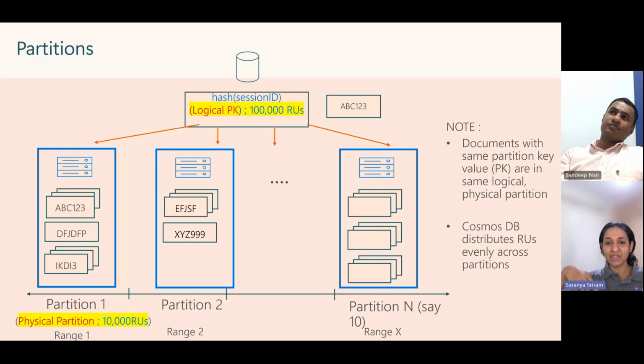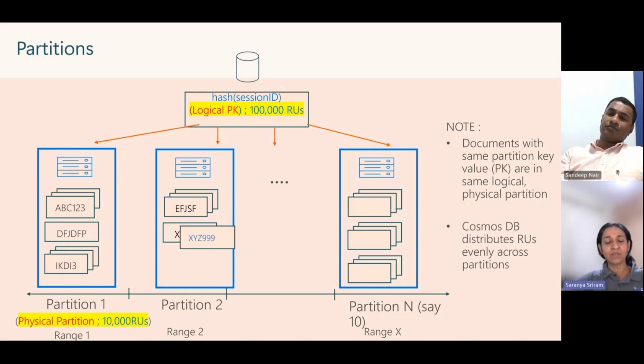For example, if I insert the key ABC123, it goes to physical partition 1, placed in its own logical partition. If I do another insert, say XYZ999, it would go to its specific partition, which relates to partition number 2.